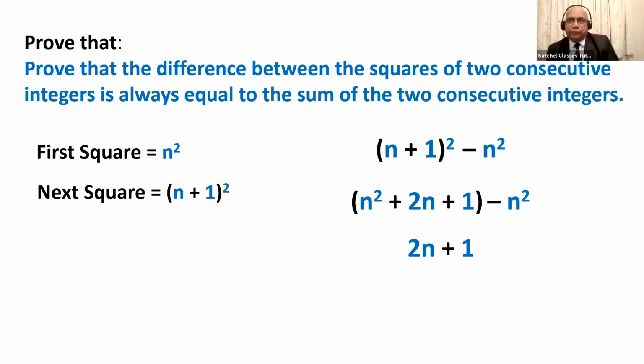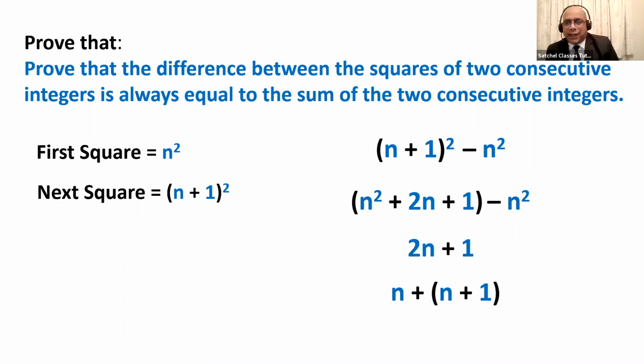Now what do we need to prove? We need to prove that this difference of the squares of 2 consecutive integers is always equal to the sum of 2 consecutive integers. Now is 2n plus 1 the sum of 2 consecutive integers? For that, we need to split 2n plus 1 as n plus n plus 1.